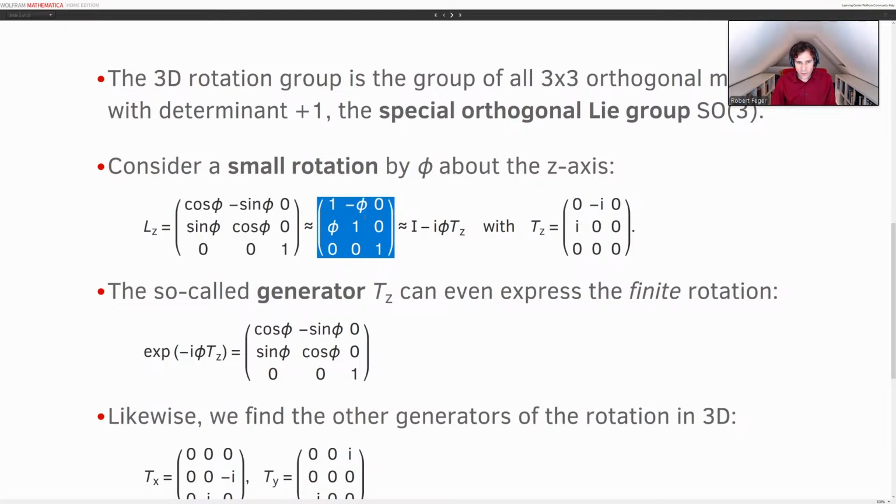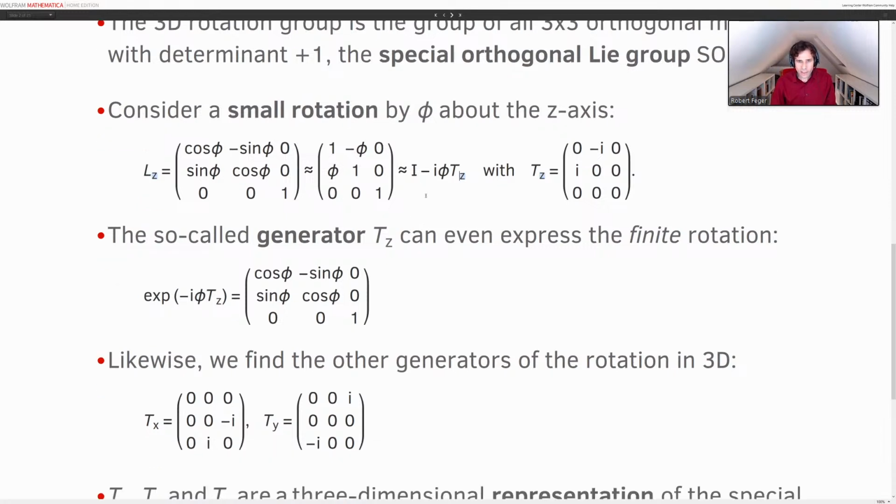You can then decompose this matrix into the identity matrix and another constant matrix called Tz, which I wrote here on the right-hand side. Essentially, you can pull out the angle phi, which is very convenient. So this constant matrix Tz is a so-called generator.